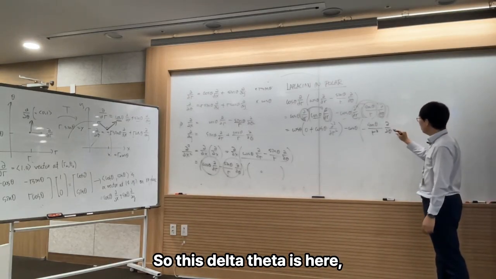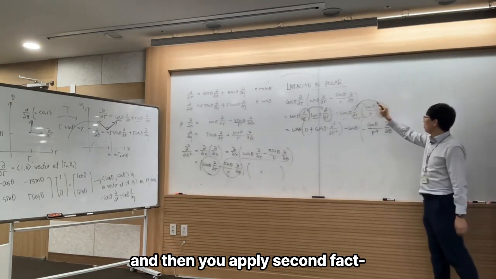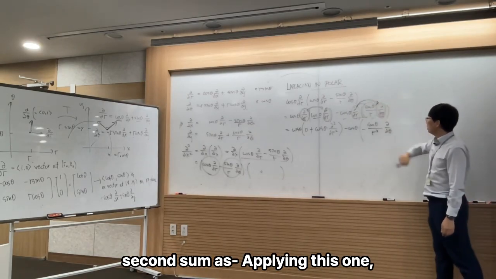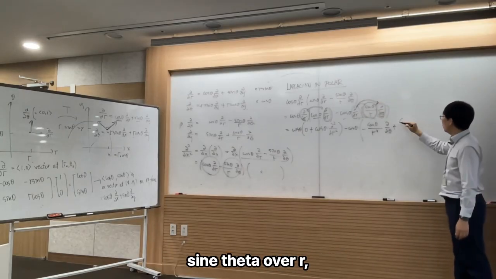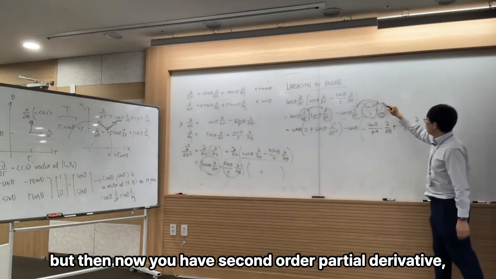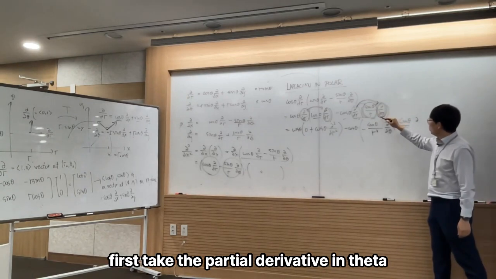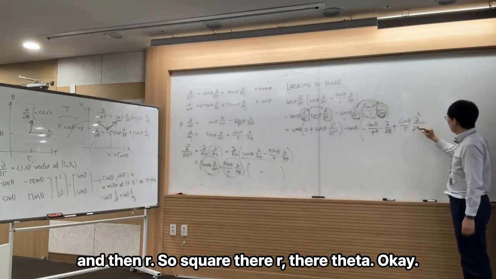So this ∂/∂θ is here. It's not disappearing. And then you apply the second part, applying this one. So you get the same coefficient here, sine θ over r, but now you have a second order partial derivative. First take the partial derivative in θ, and then r. So ∂² with respect to r and θ.